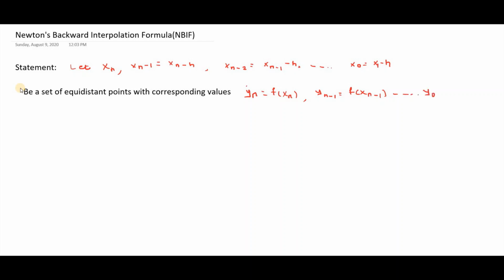At last y naught is equal to f of x naught.